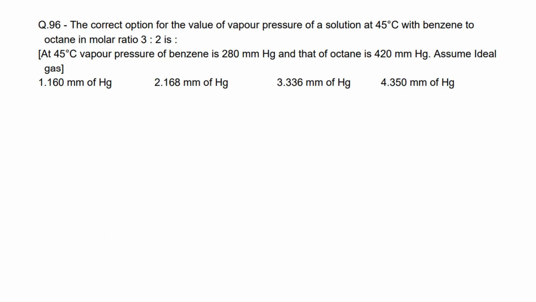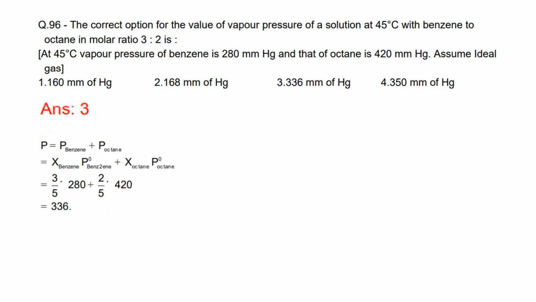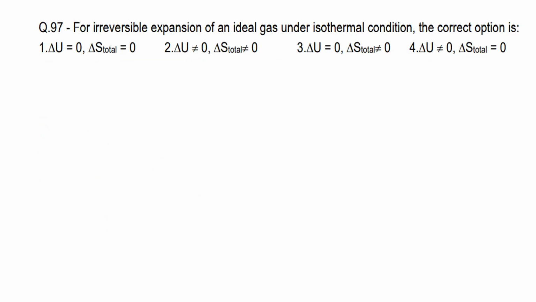This is the formula and you can get the answer directly from there. So we are getting 336 millimeters of mercury. So the correct answer is option 3 for question number 96. Right? So question number 97 we will go to now. For irreversible expansion of an ideal gas under isothermal condition, the correct option is... isothermal condition means at the same temperature.